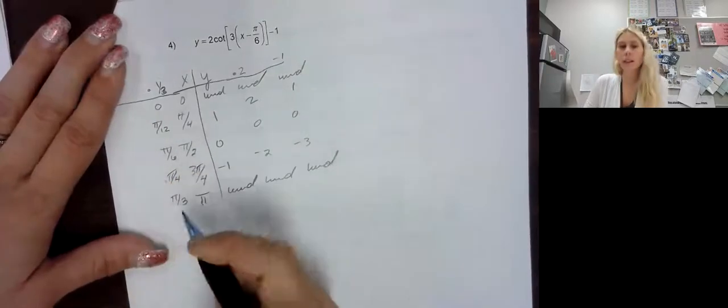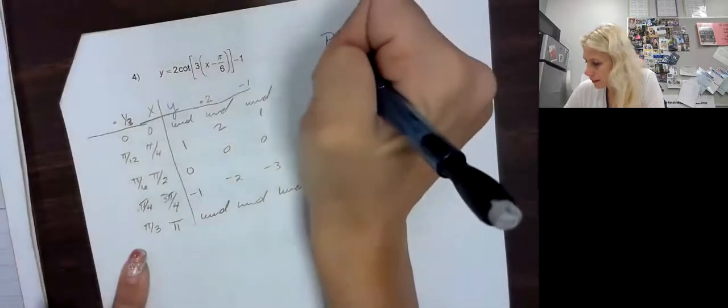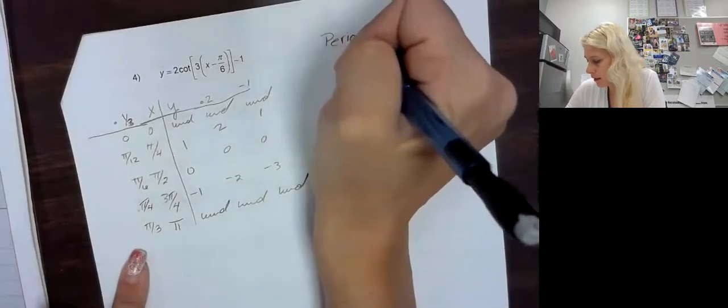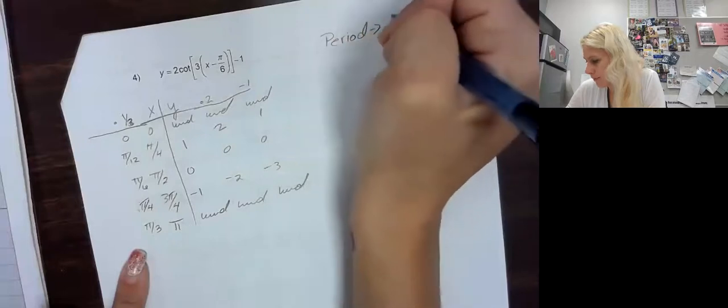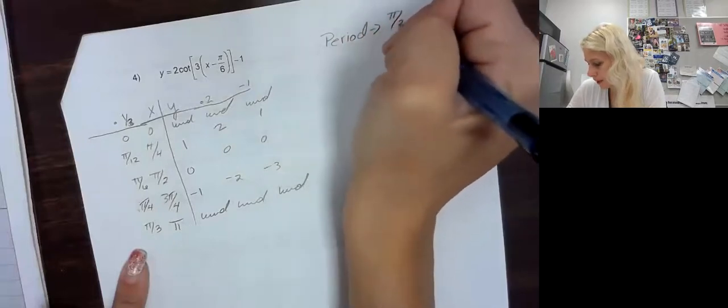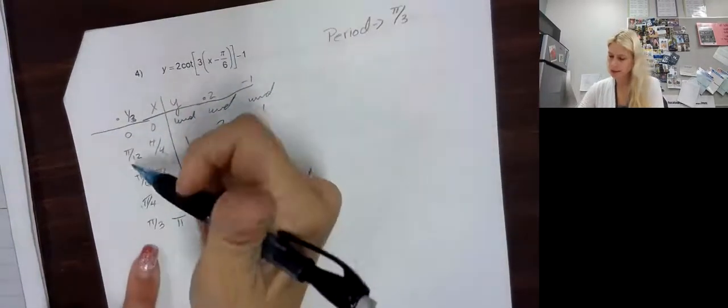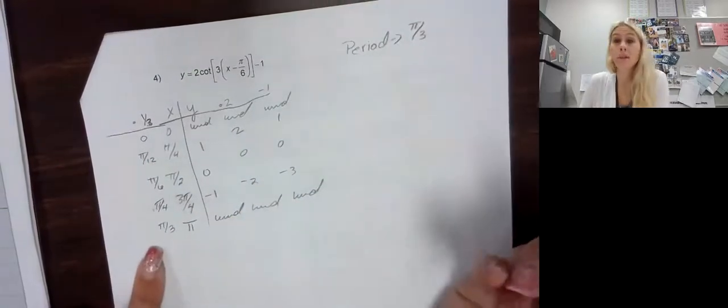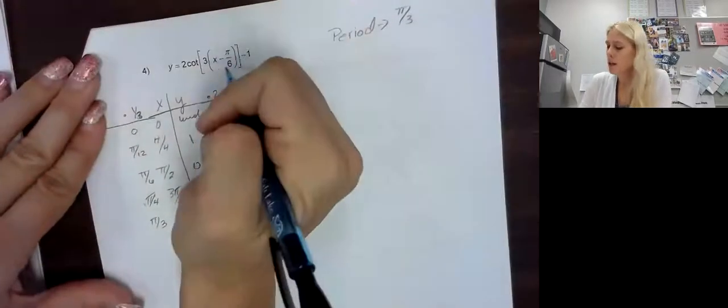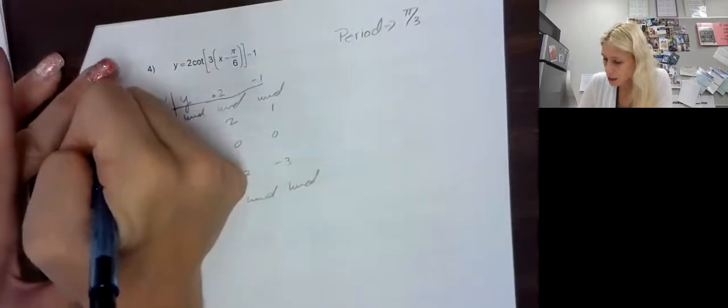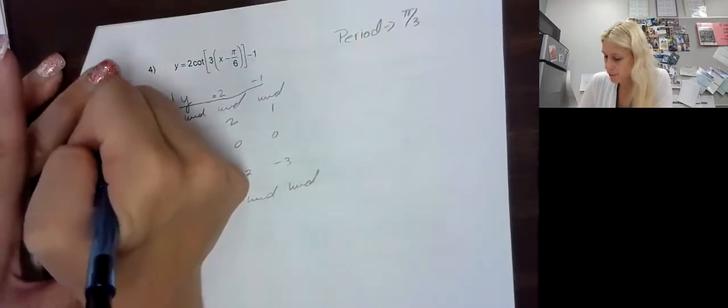Let's check our period because that's where that's supposed to come from, right? So our period is pi over b. And what do you know? Gives me that 1/3, 0 to 1/3, 0 to pi over 3, I should say. We're going right pi over 6.